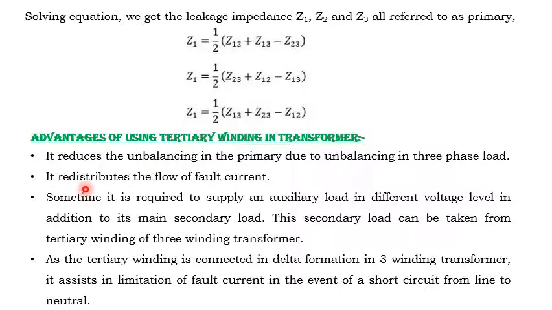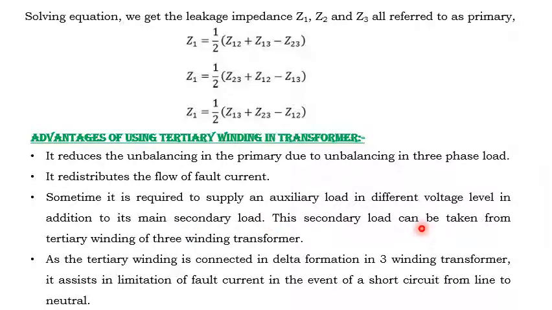It redistributes the flow of fault current. Whatever fault current persists in the system is distributed, so due to that fault current there is no damage to any of the windings of the transformer. Sometimes it is required to supply an auxiliary load at a different voltage level in addition to the main secondary load.